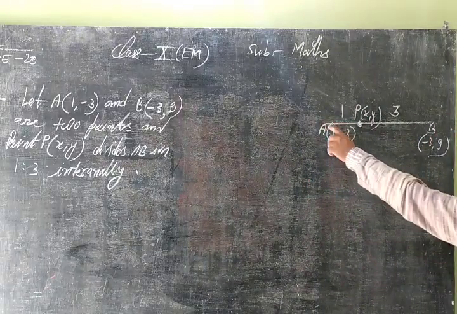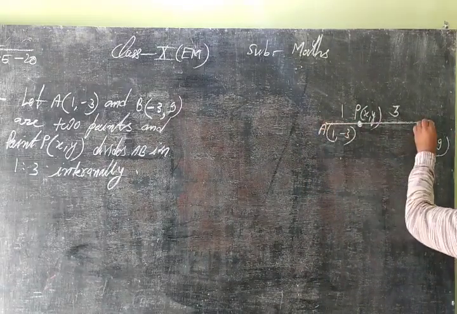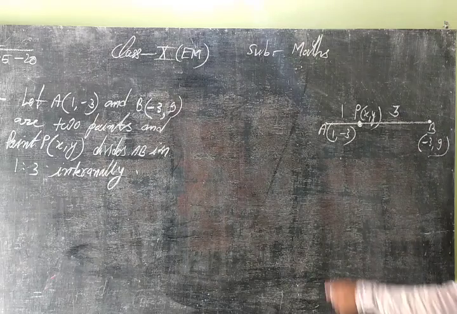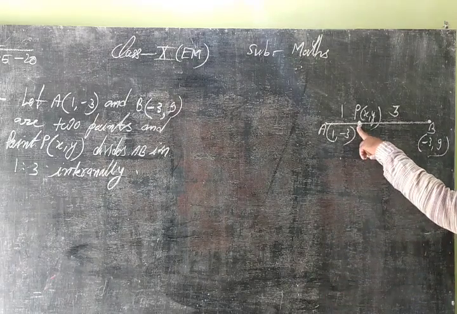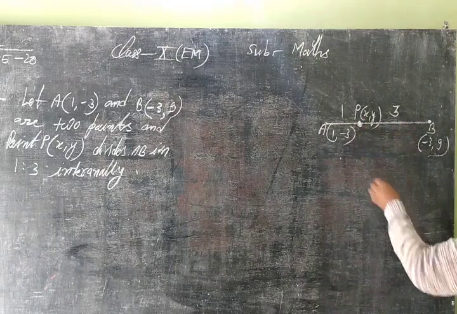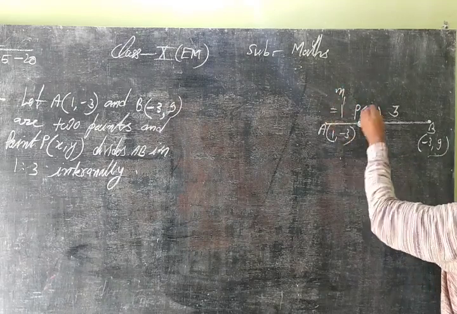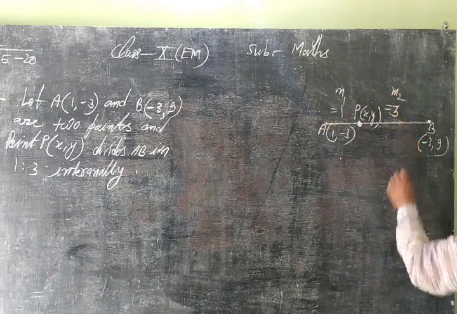बेटे 2 points, one is A and other second is B. Divide by P in 1:3. Therefore, m1 equal to 1 and m2 equal to 3.